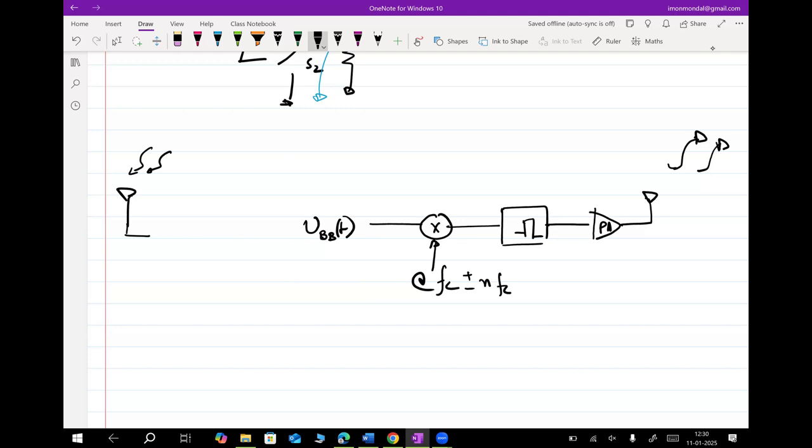Right? But what is the difference? By the way, this is a very basic model of a transmitter chain. If I focus on the receiver side, you have to do exactly the opposite. You have to sense the signal, which is at FC plus minus FBB, and then mix it down to the baseband voltage and do some processing.